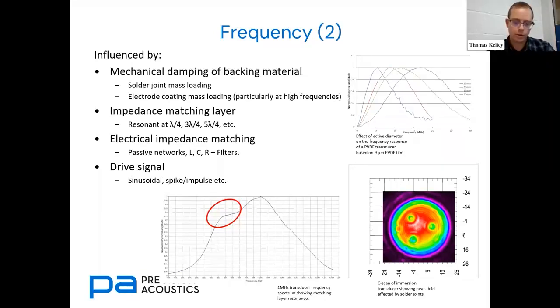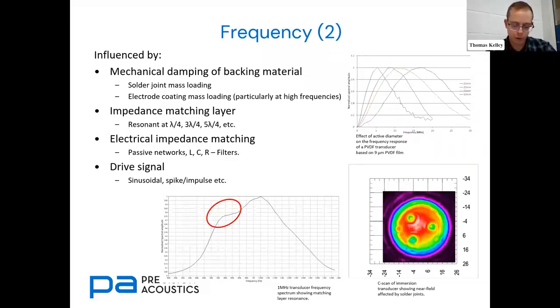Besides the actual transducer design, we've got to think very carefully about the drive signal as well that we're going to intend to use. If you drive a 1 megahertz piezoceramic transducer with a tone burst at 1.2 megahertz, you will get a 1.2 megahertz output.